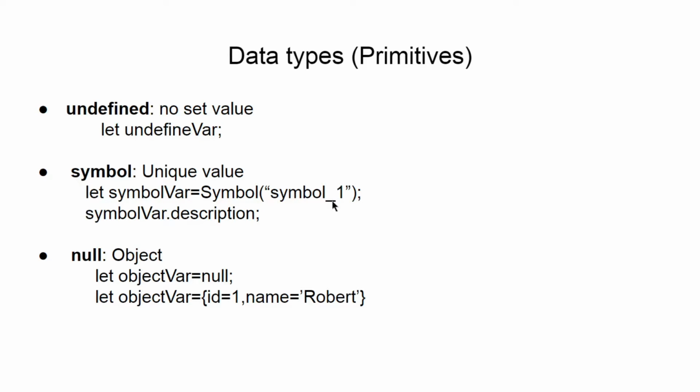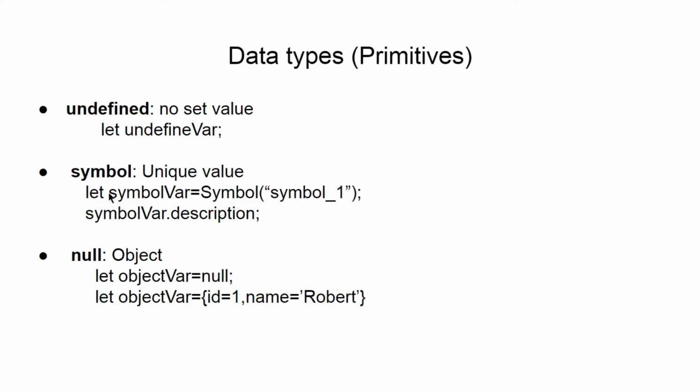Okay, when you declare this kind of variable and you want to access its description, you have to use the property description. This description is not the unique value for the symbol data type.